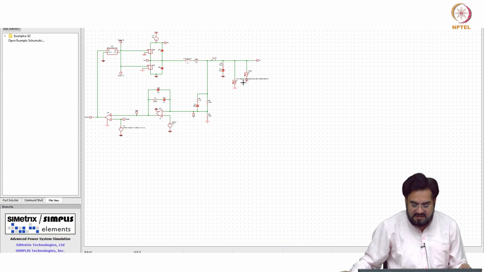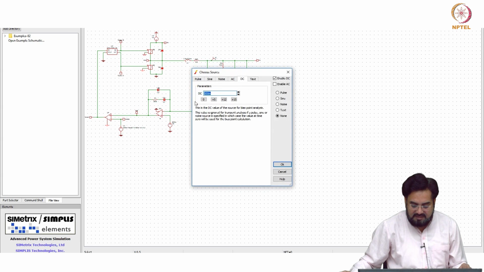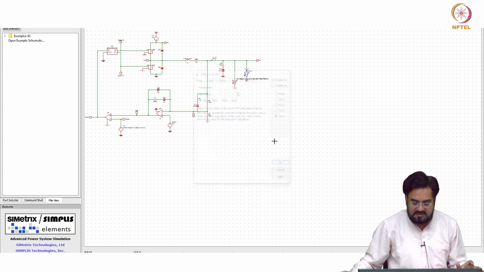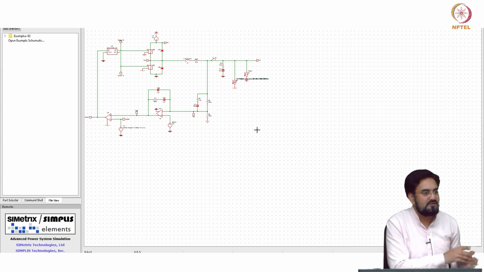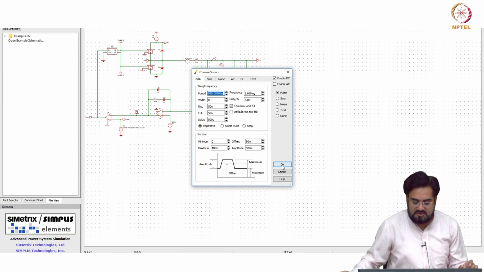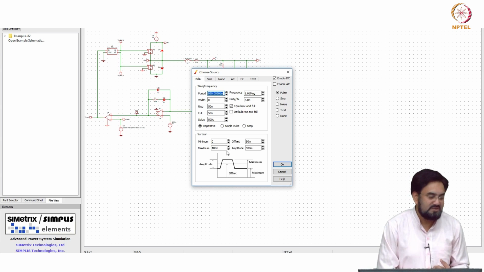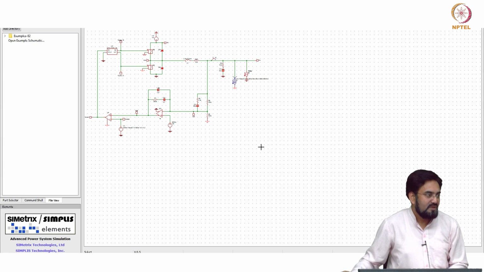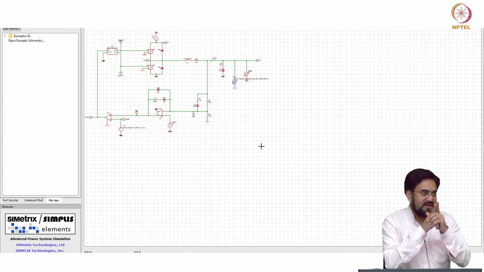So what I have done here, I have a 500 milliamp fixed DC load current. So let us say some of the loads are DC, drawing DC current, some of the loads are switching. The switching load will most likely be a digital load, and digital loads draw current for a very short time.